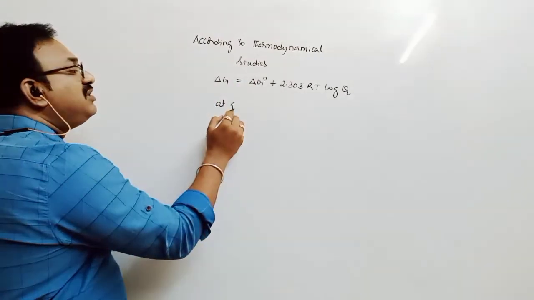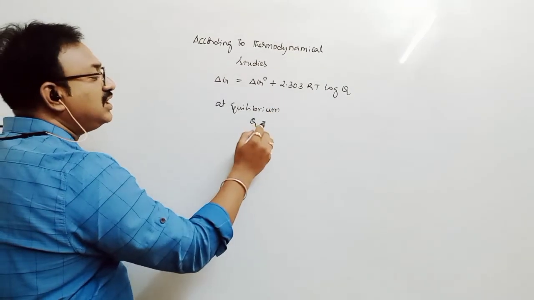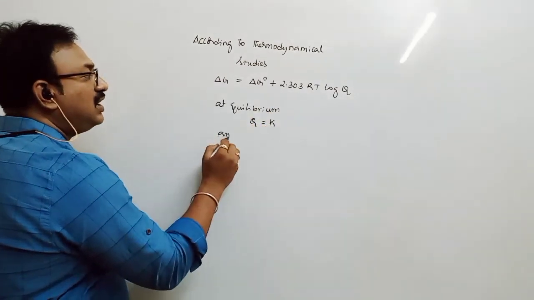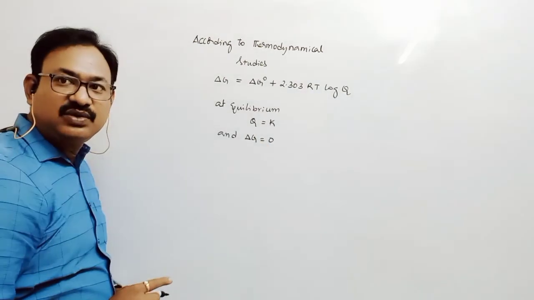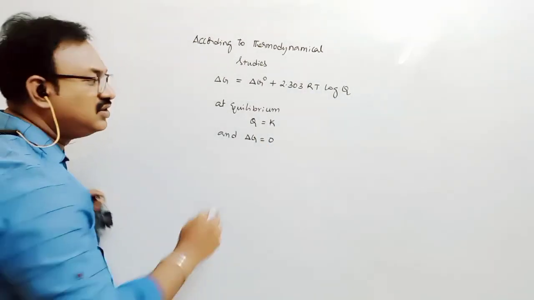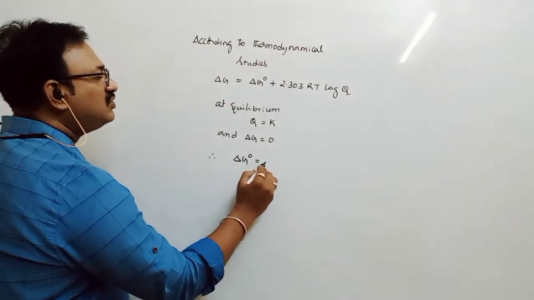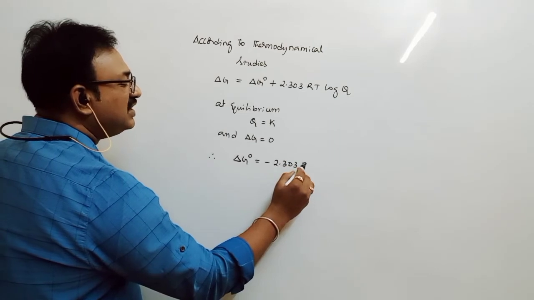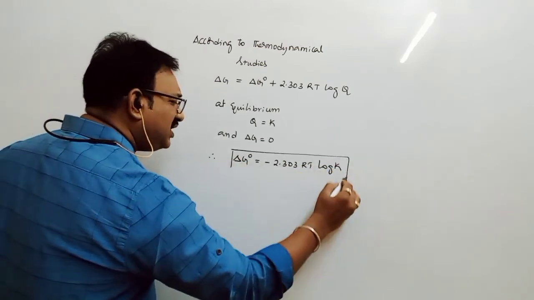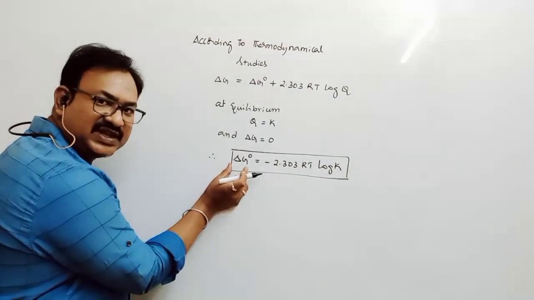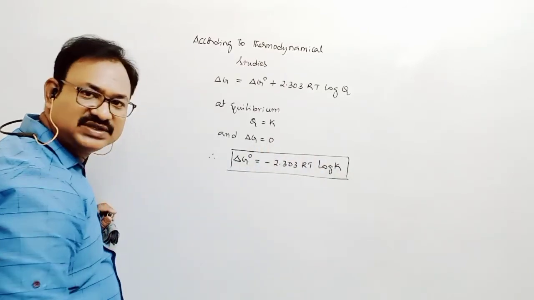Right. At equilibrium, we can write Q is equal to K and del G is equal to 0. Therefore, del G naught is equal to minus 2.303 RT log K. Now this is the relation between standard Gibbs free energy change and equilibrium constant.